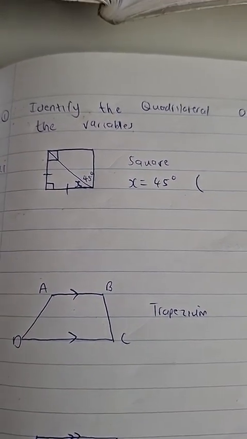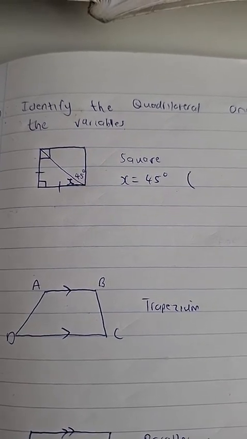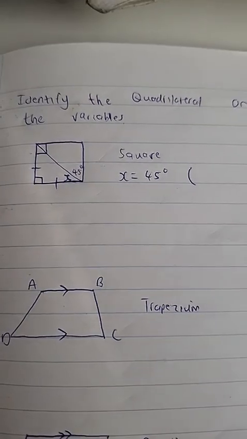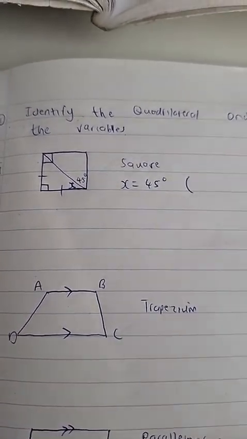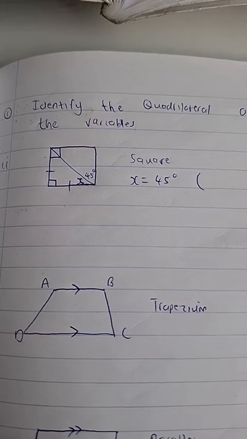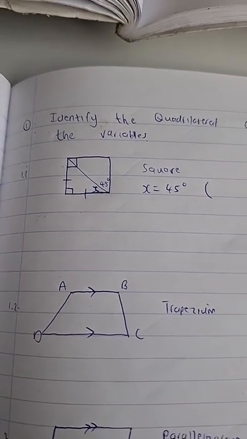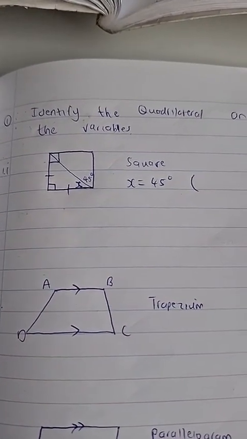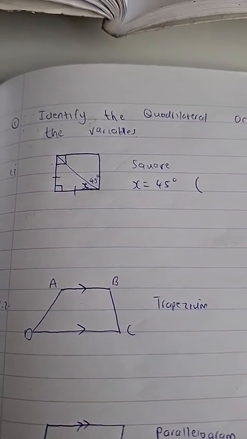Ghana M1 says diagonals bisect, but you're not being specific. Elihle says diagonals bisect corner angles equally. Now, I would give Elihle the marks.